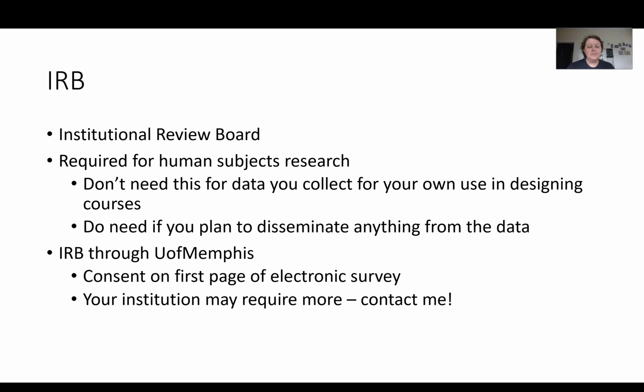But some institutions require you to also have some sort of paperwork showing that you're collaborating with me and that I have IRB, or in some cases you have to have IRB yourself to be able to give these surveys to your students. So you'll have to find that out at your own institution.